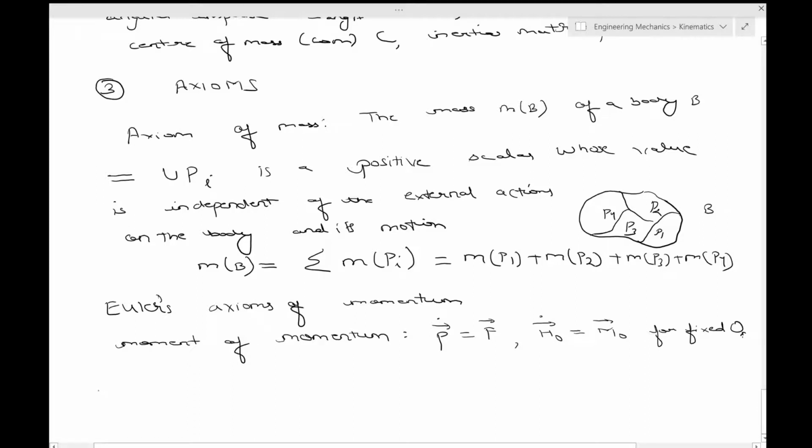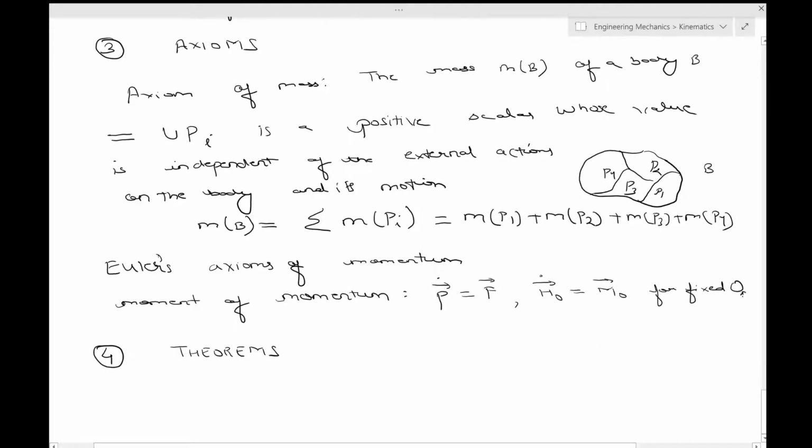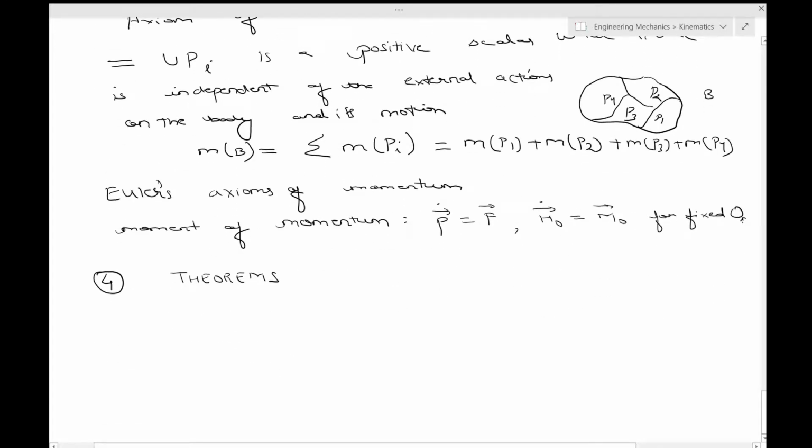And the last topic is the theorems. They are derived from axioms.